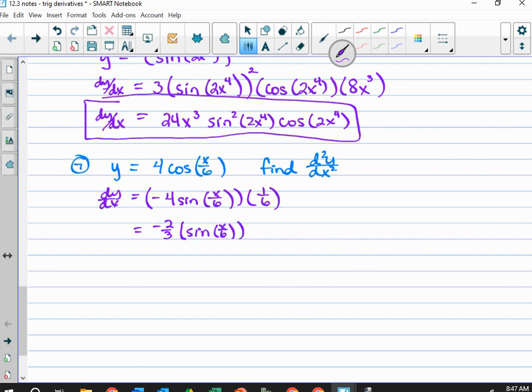So then second derivative, negative 2/3 times cosine of x over 6. And then again times 1/6. So when you simplify that, you get negative 1/9 cosine of x over 6.